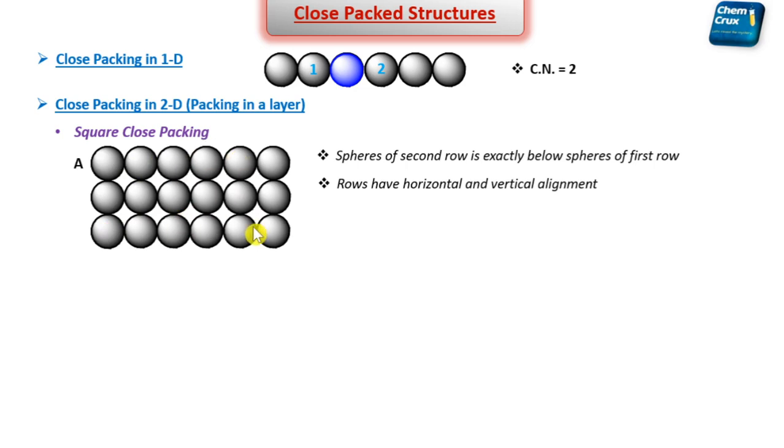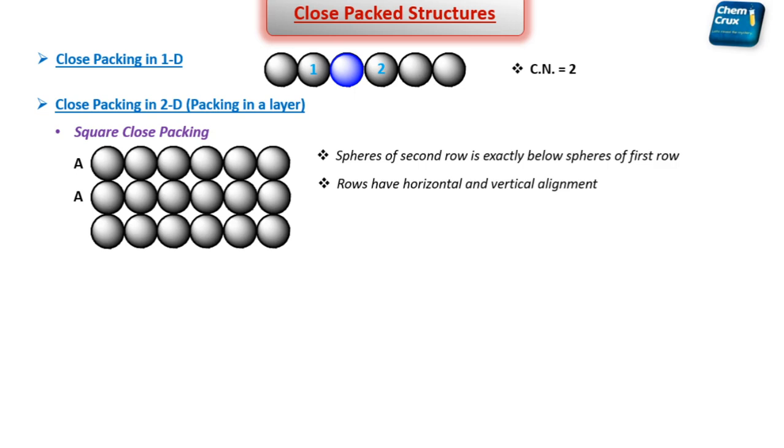right? So suppose if we label the first row as type A, then the second row is also of the same type as that of first row. That is, it can also be labeled as type A. Again, the third row is same as that of the above two rows.